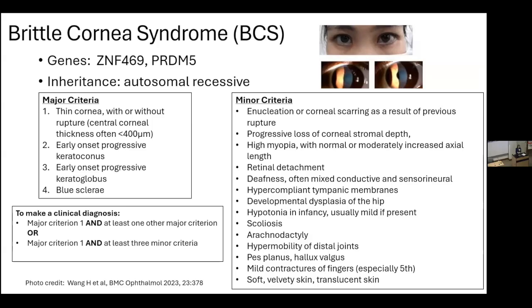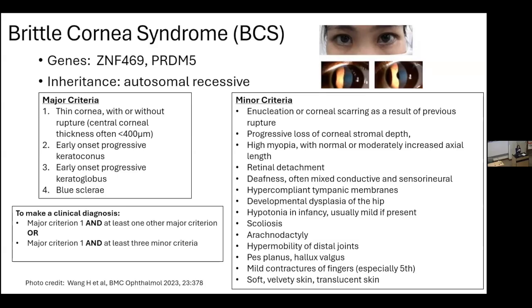They have early onset of progressive either keratoconus or keratoglobus. When I was preparing this talk, I had to look up what is the difference between keratoconus and keratoglobus. In keratoconus, the cornea kind of comes out and makes a cone in the front of the eyeball because of the thin nature of that cornea.